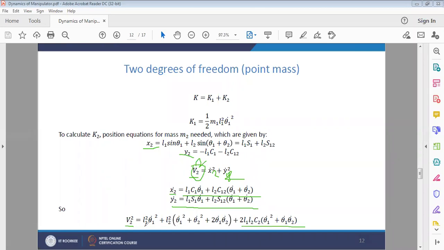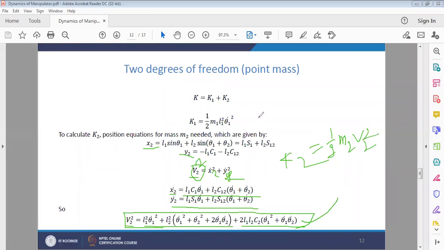Then this V2 squared is the velocity squared of mass m2. So now K2 is equal to half M2 V2 squared. In place of V2 squared, you simply substitute this equation.